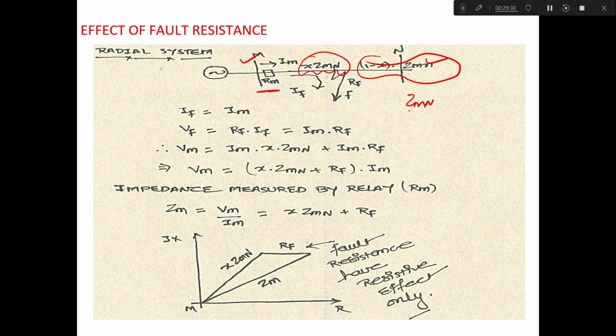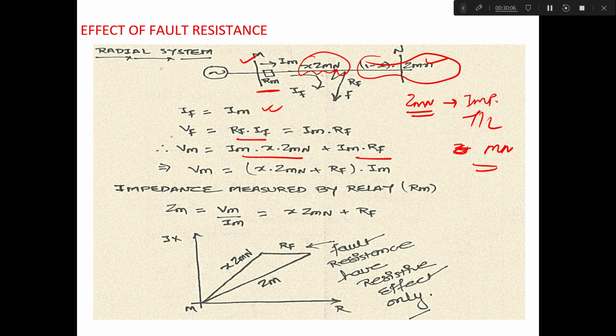Zmn is basically the impedance of the transmission line M to N. So the fault current is IF, and the fault voltage VF is equal to IF times RF, and your VM, the voltage measured by the relay, will be IM times X Zmn plus IM times RF.